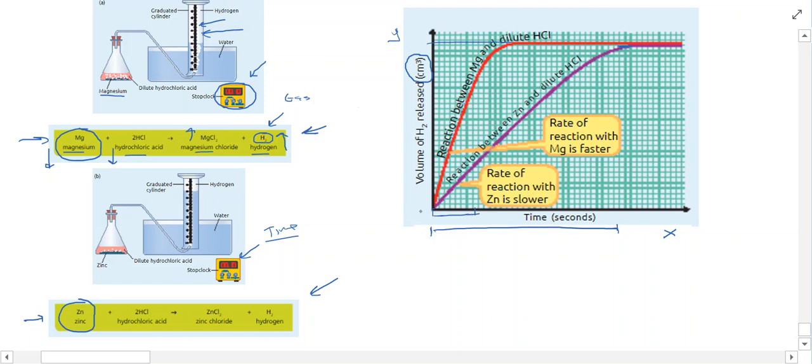So this is reaction 1, and this is reaction 2. The amount of time it takes for reaction 2 to come to an end is much longer than for reaction 1.